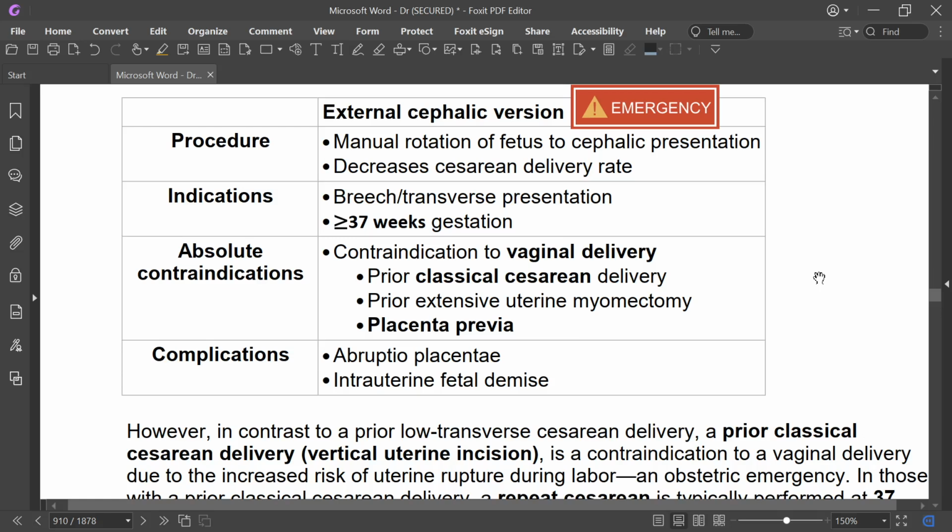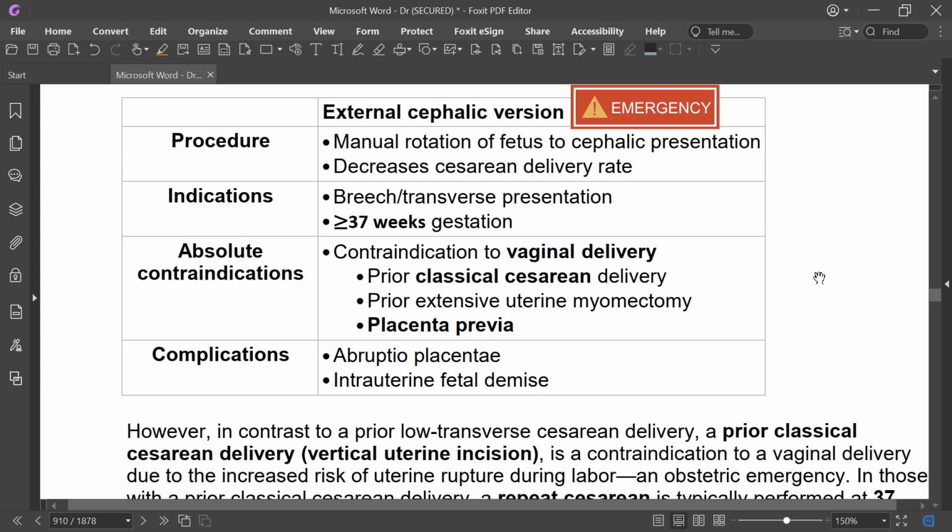Complications are abruptio placentae and intrauterine fetal demise. These are the things about external cephalic version.